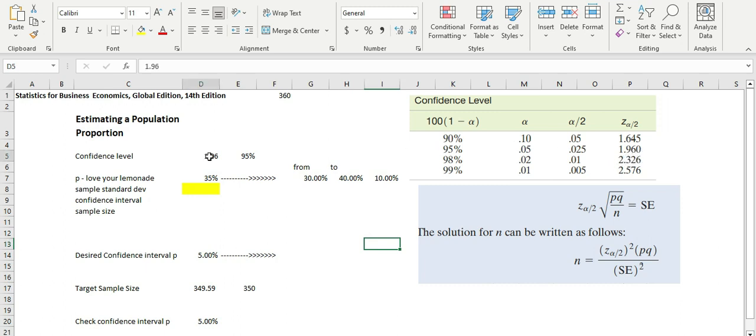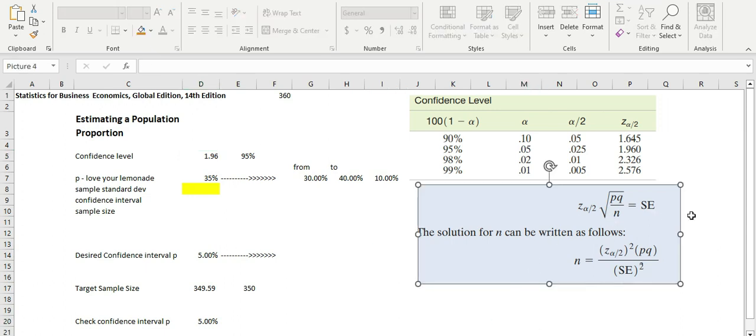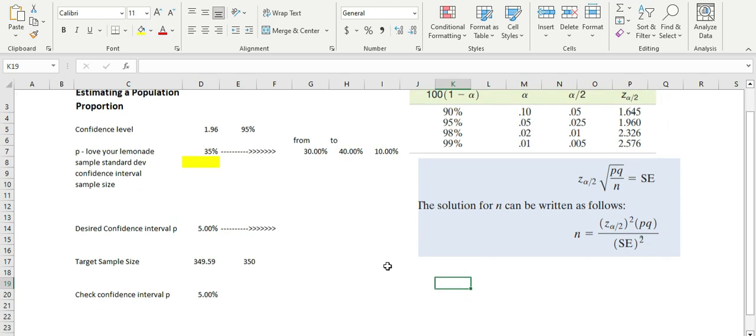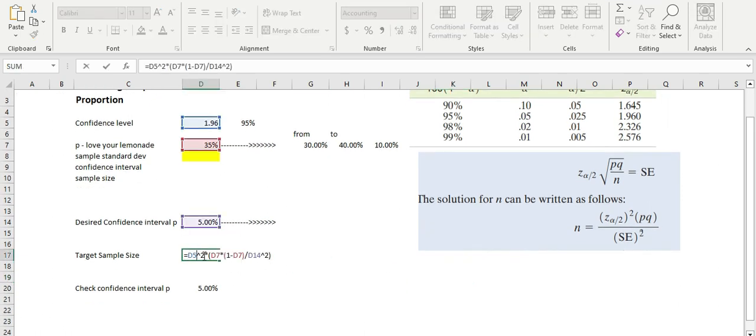The target sample size is z alpha over 2 raised to the second power, times PQ, where P is 35% and Q is 1 minus 35%, divided by E raised to the second power, which is 5%.